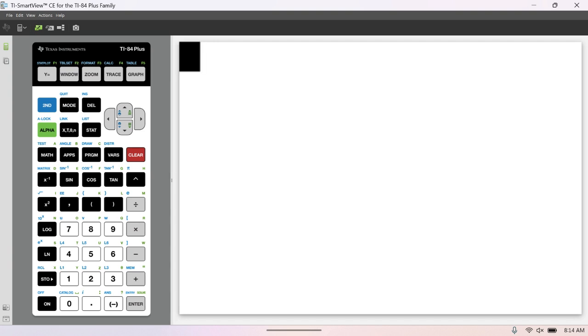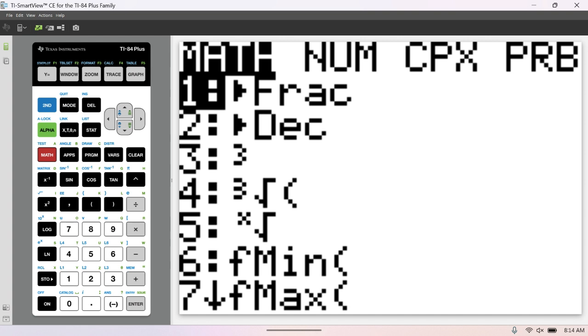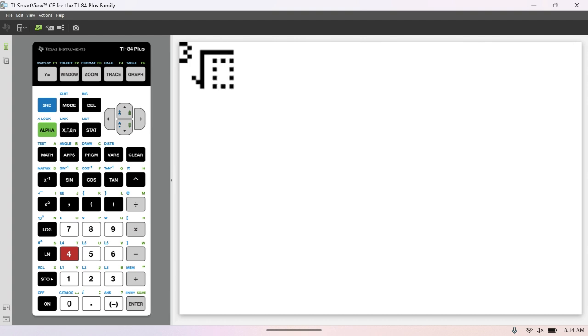What you do, however, is go to the math key that we went to yesterday to convert to a fraction. So hit the math key, which is right below that green alpha key. Do you guys see right here, number 4, where that's a little 3 and like a little root? That's the cube root. So if you click 4, it'll input a cube root for you. And then you can put whatever number you want.